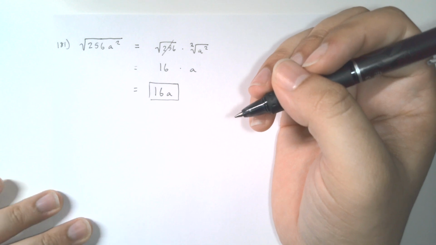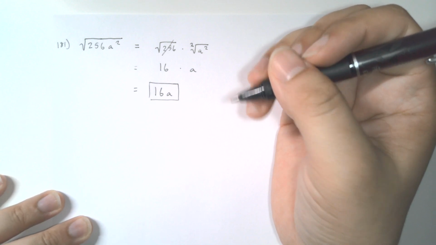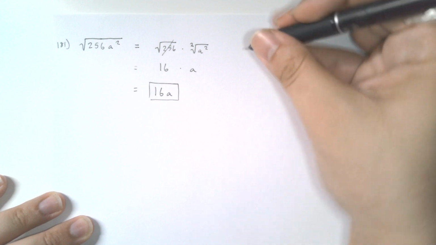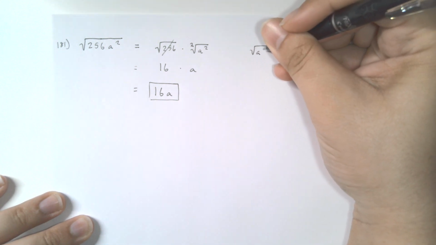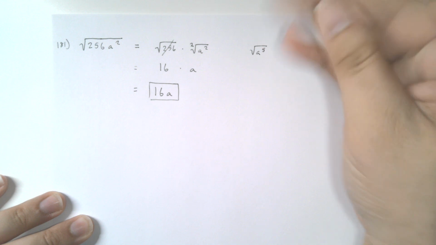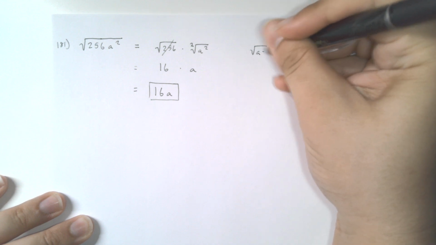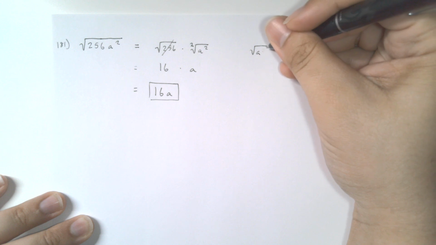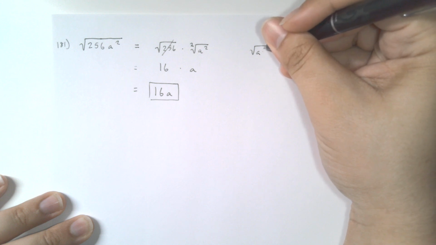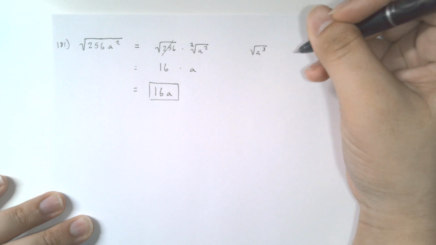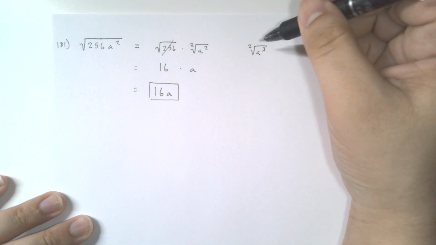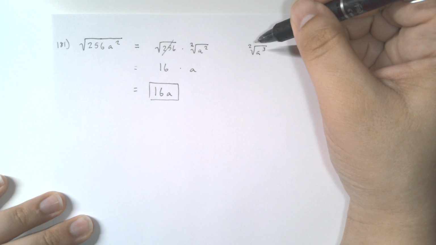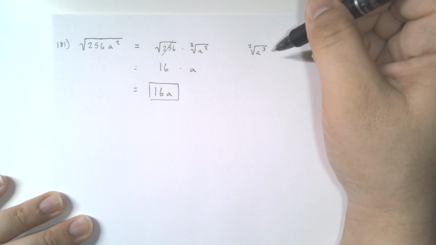Something that I want to share real quick is, what if we did have a remainder? What if we had, say, the square root of a to the third? Well, again, we have an implicit index of 2 here, and we ask ourselves, how many times does 2 go into 3?